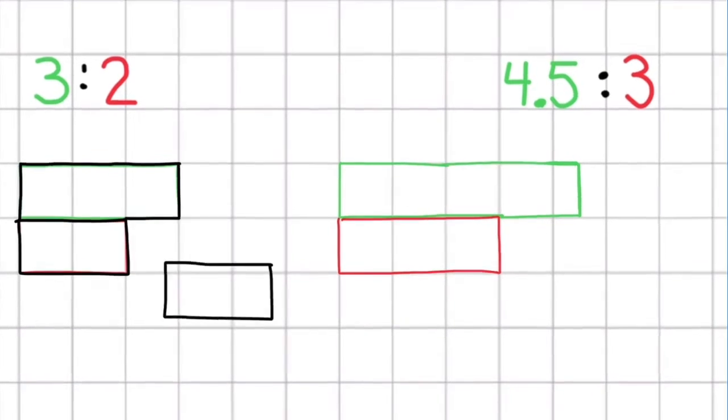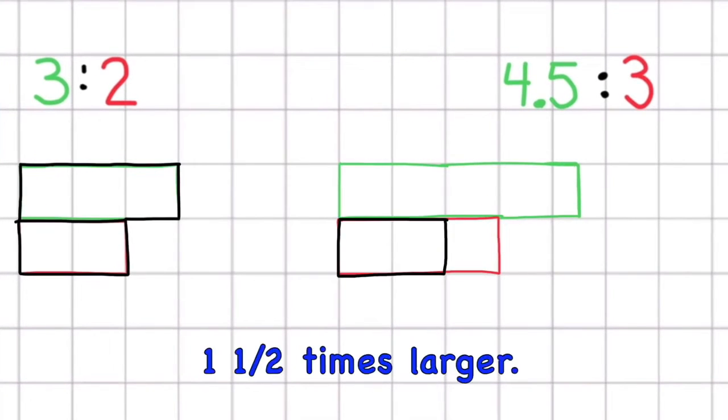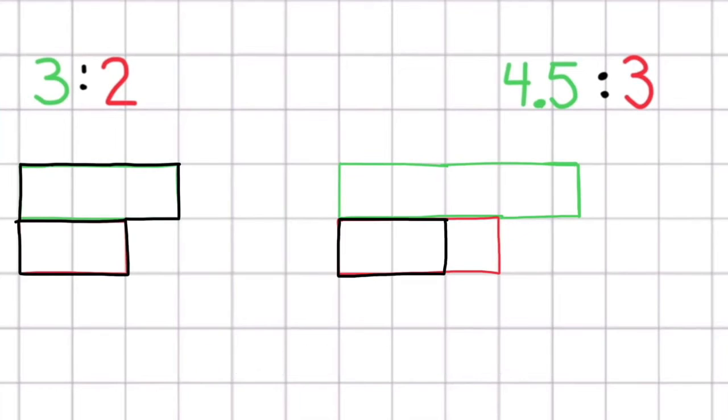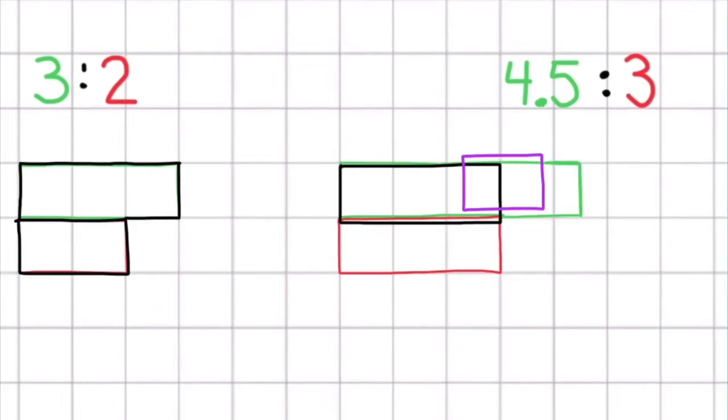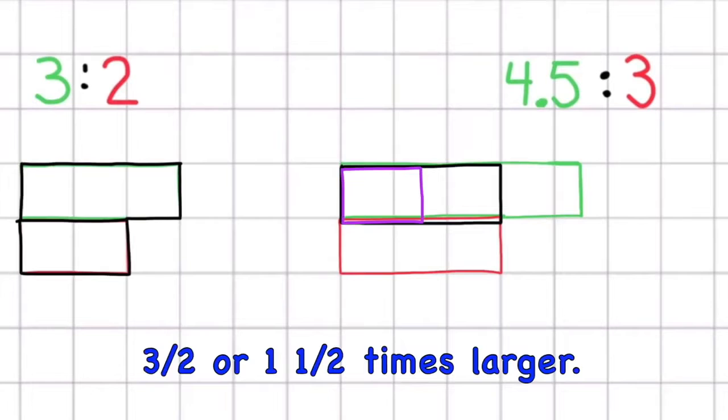When you compare these two sizes, you can see that 3 is 1 1/2 times larger than 2, and 4 5/10 is 1 1/2 times larger than 3. This illustration shows that 3/2 is the same as 1 1/2, and it also shows that 4 5/10 is 3/2, or 1 1/2 times larger than 3.